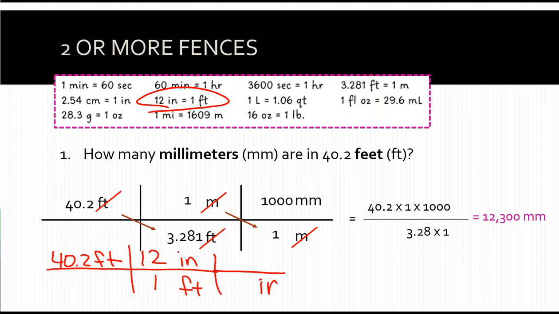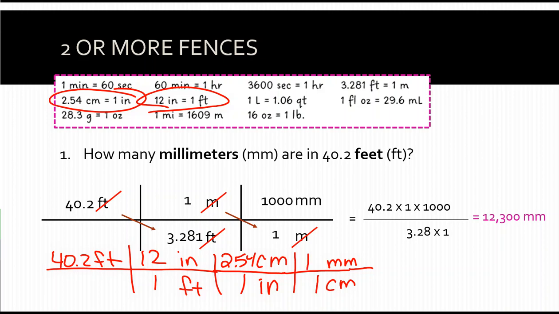Inches would go down here, and inches go to centimeters. So 2.54 centimeters equal 1 inch. And then my last one here would be to put centimeters down here and go to millimeters. And if you're doing the metric prefixes, what you would notice, 1 centimeter equals 10 millimeters.